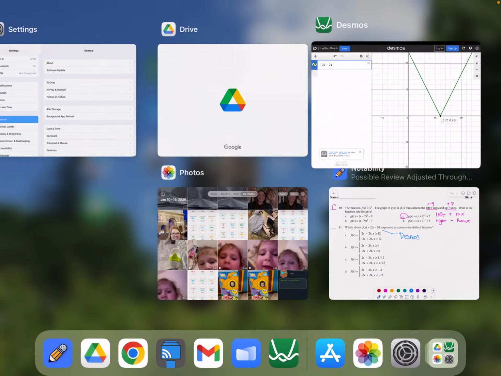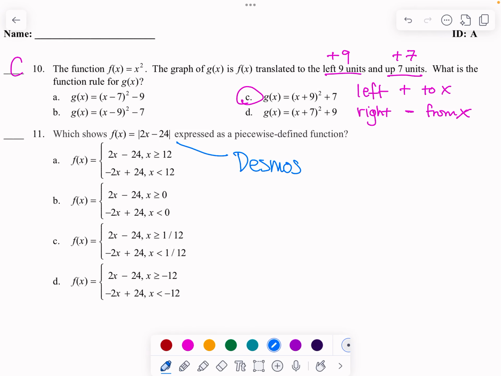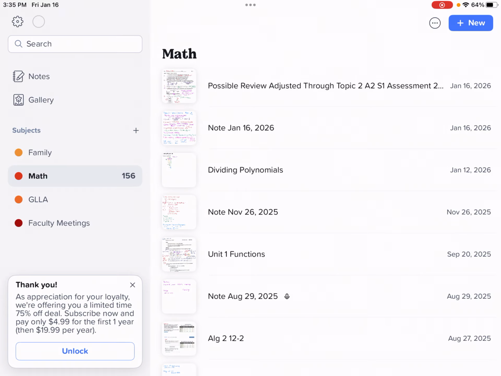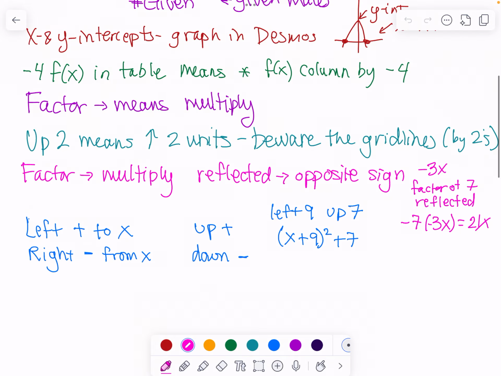So I'm going to draw this on my notes here. On my paper, it went like this and basically bounced off of 12. So look at all these parts. See, those all look exactly the same, so that's not going to help us. But if this has 12, chances are it has to do with 12, right? So the answer would be A. And it does. So right here, graphing absolute values.